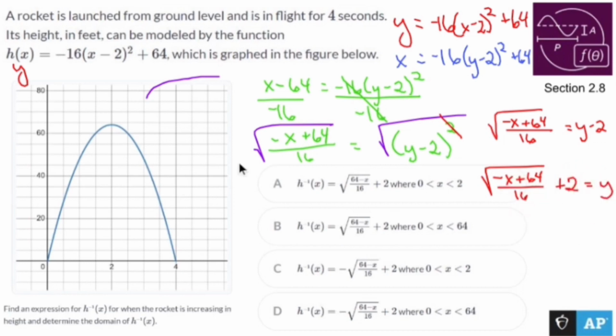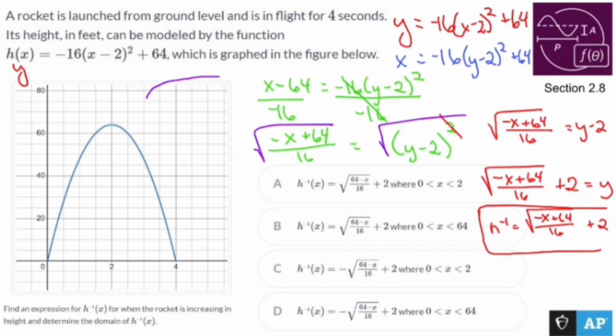Let's flip-flop it and turn that into h inverse equals the square root of (negative x plus 64) over 16 plus 2. Now this is my height.